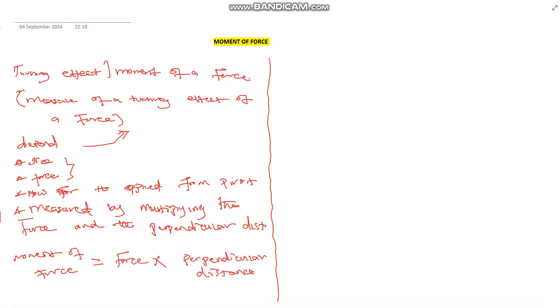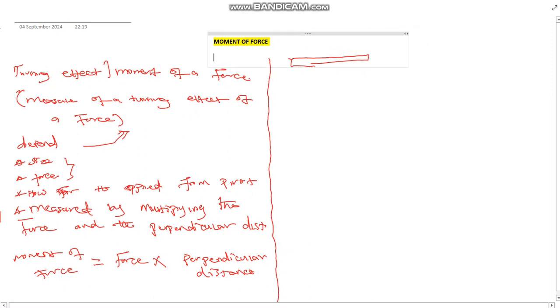We can try to draw something here. Maybe this is a gate, and this is the hinges. From the hinges this is 3 meters.